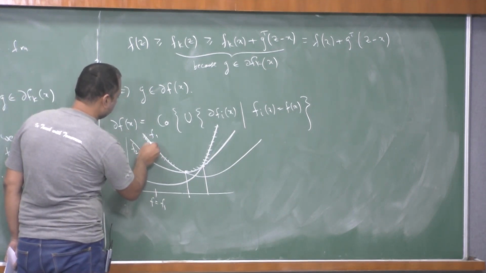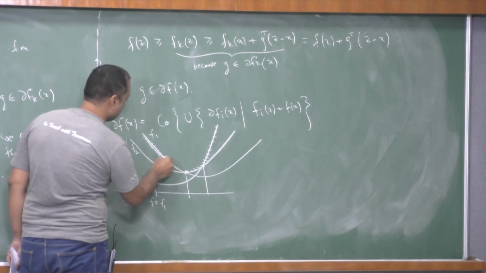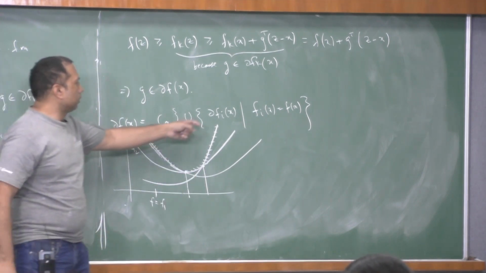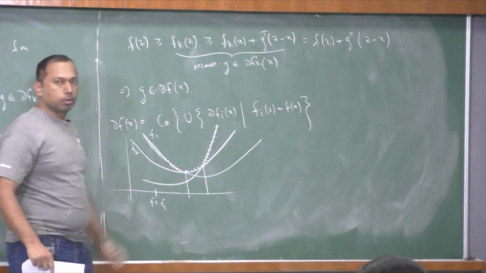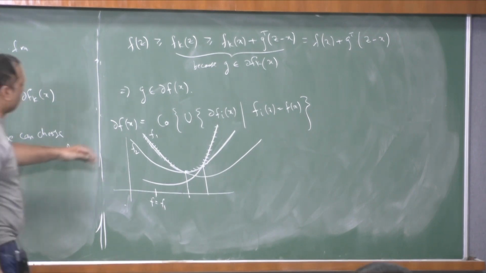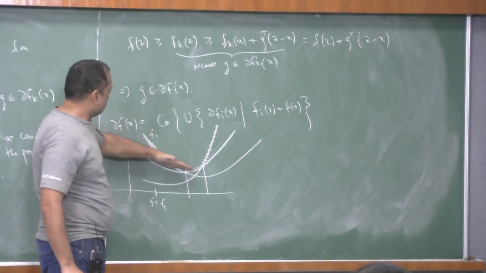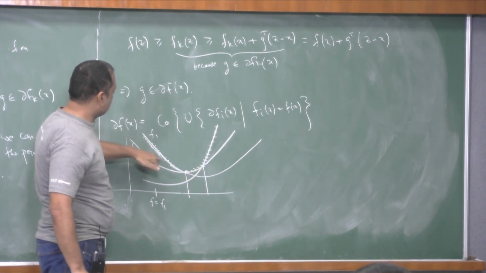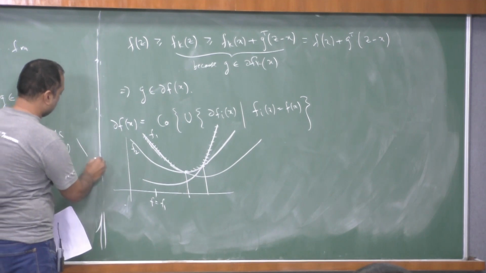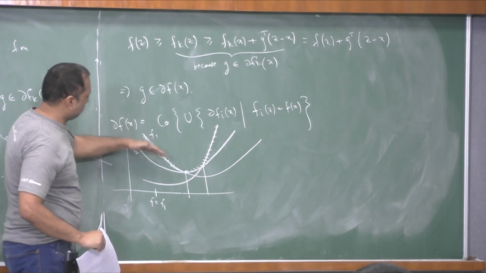But for all these points until here, we have these gradients, these gradients, these gradients. These are the usual gradients. So obviously subgradient also involves the usual gradient. So for all these x, I will have all these angles, so covered until here. Basically this angle until this angle.